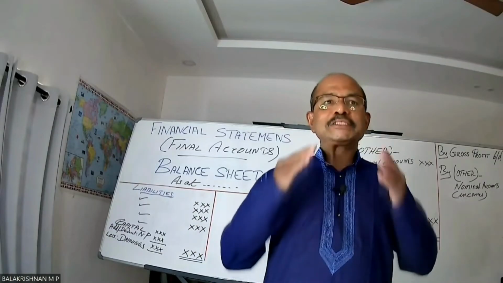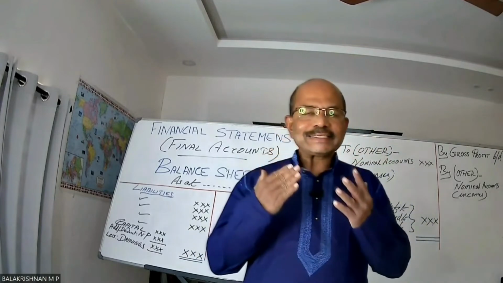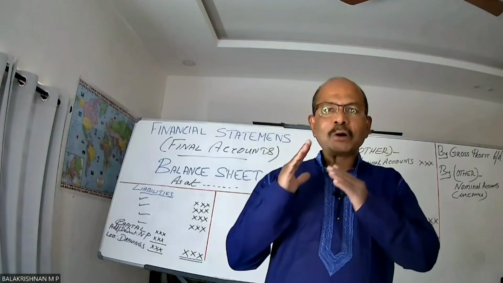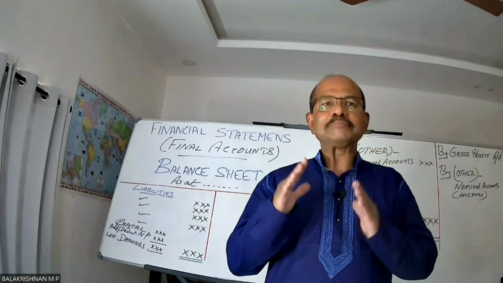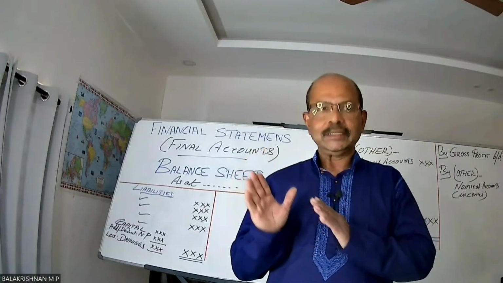Hence, drawings or net loss will be deducted rather than showing the same in the asset side. Therefore, drawings or drawings related items will be deducted from the capital shown in the liability side.